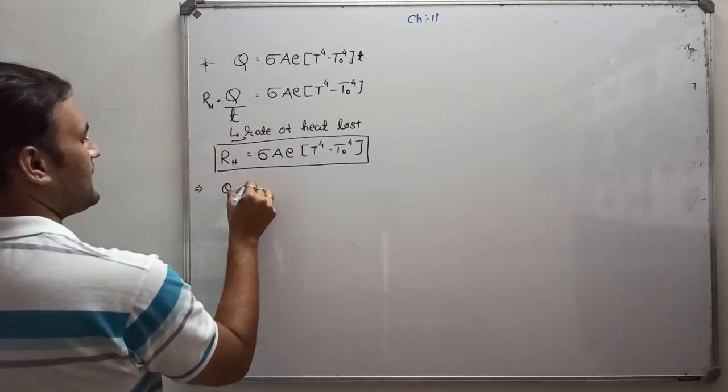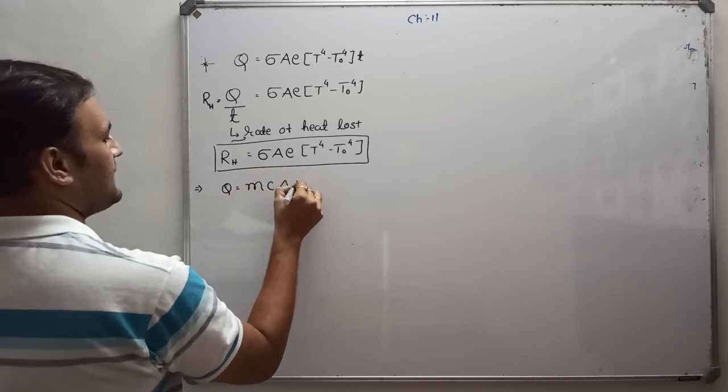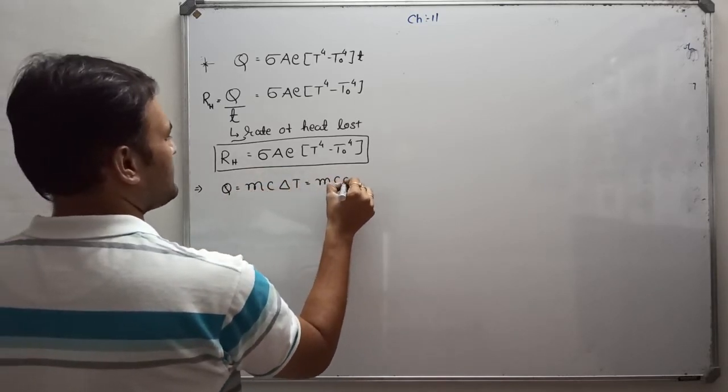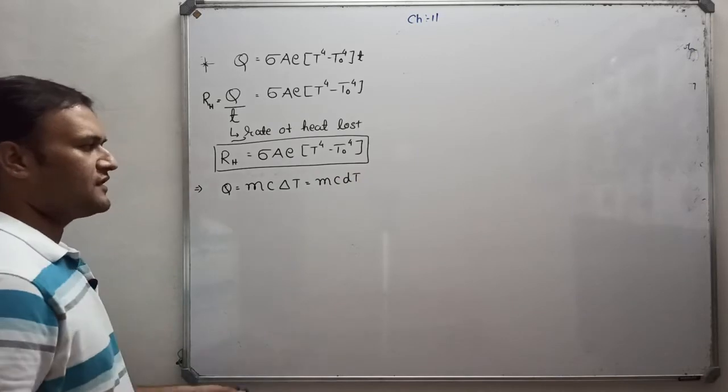Now Q is equal to m c delta T, otherwise we can say m c dT, where dT is the temperature difference.